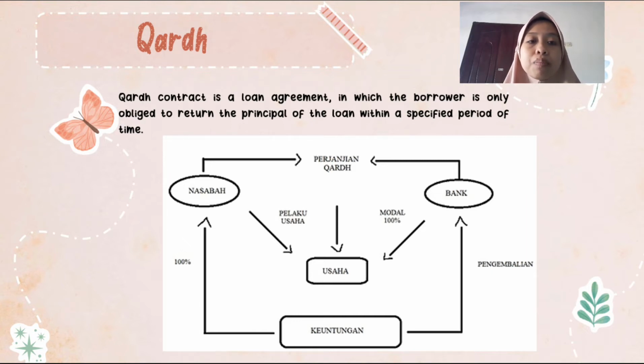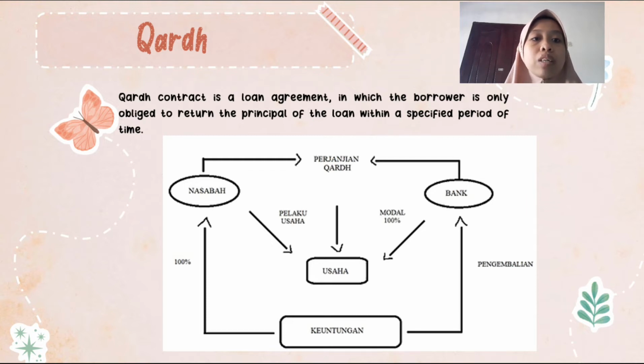The explanation of the qard contract mechanism is the customer applies for a loan to run a business. Then the bank will analyze the application submitted by the customer. If the application is approved, then the approval can be done in a qard contract.